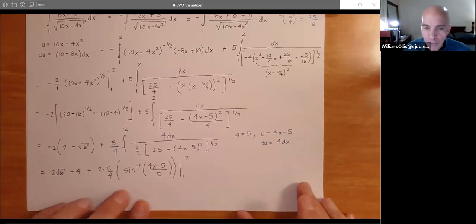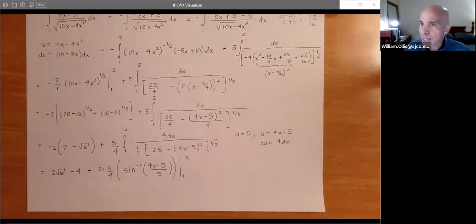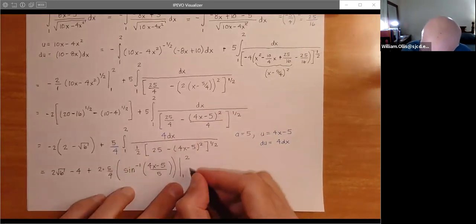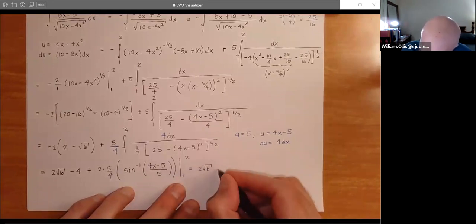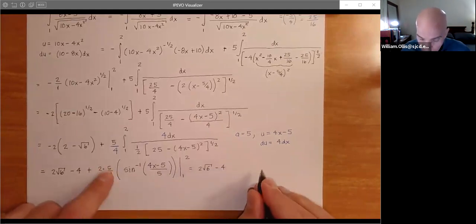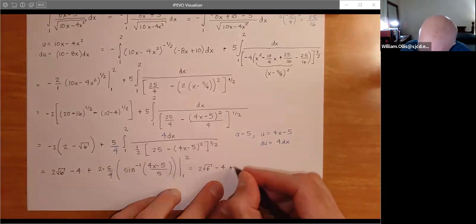So if you think about the problem we did before, this is the same thing. We just had a little bit more arithmetic in this part, but the approach is exactly the same. So now we get 2√6 minus 4. Now, of course, here this will just give us a 5/2.